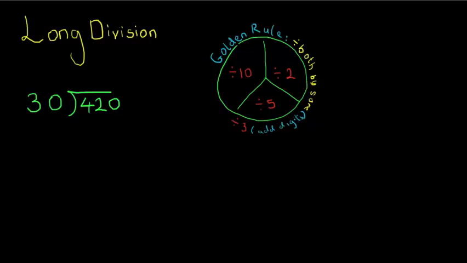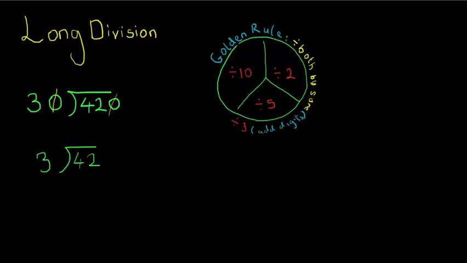And in this case we can see that in actual fact both end in a 0, so I can just cancel the zeros. In other words, 30 into 420 is exactly the same question as 3 into 42.